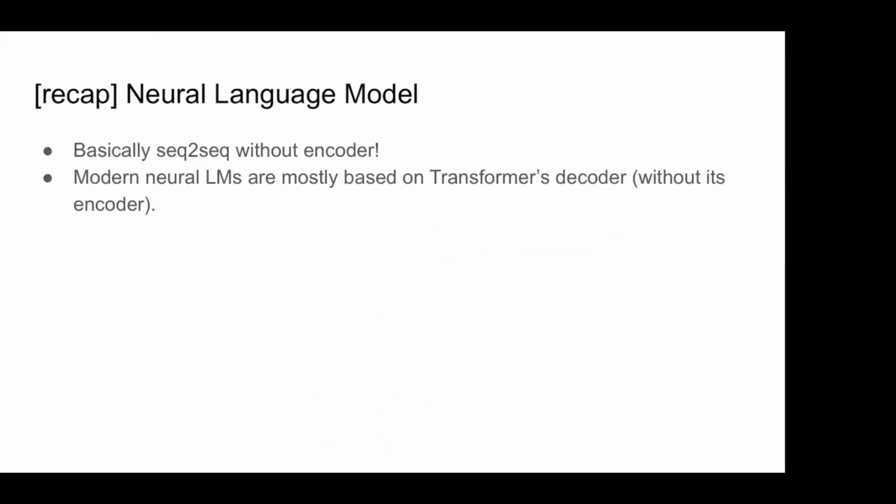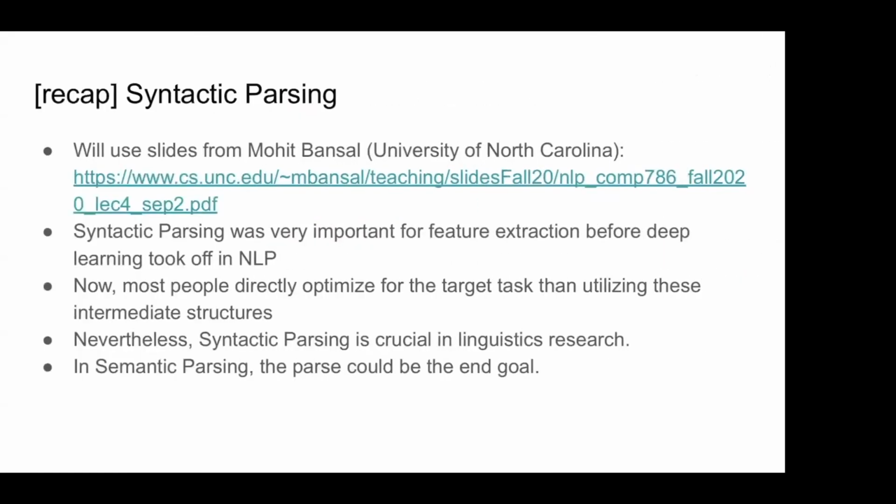We had a discussion about syntactic parsing, right? I told you that syntactic parsing was very important for feature extraction before deep learning took off in NLP. But now most people directly optimize for a target task rather than utilizing these intermediate structures. I don't mean that these are not important.